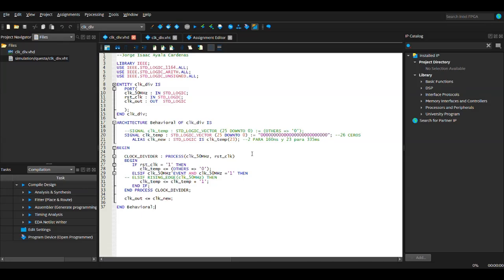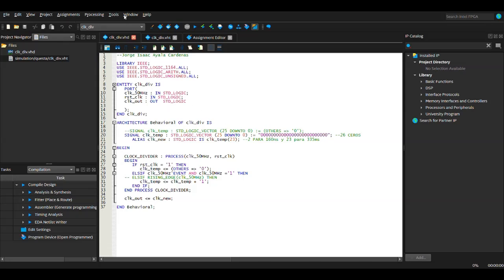For example, using bit 23, the output frequency becomes around 2.98 Hz, which means one cycle takes about 335 milliseconds. This is slow enough to be seen as a blinking LED on the board.